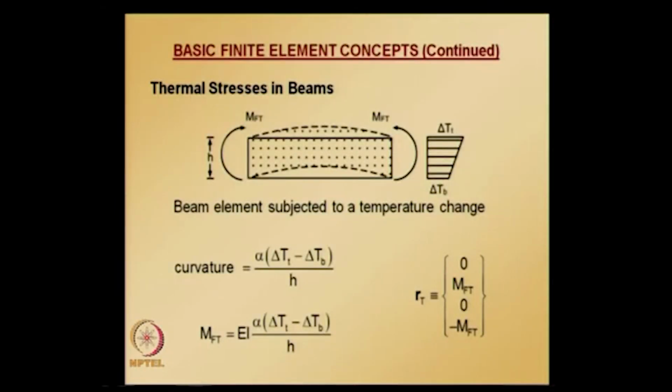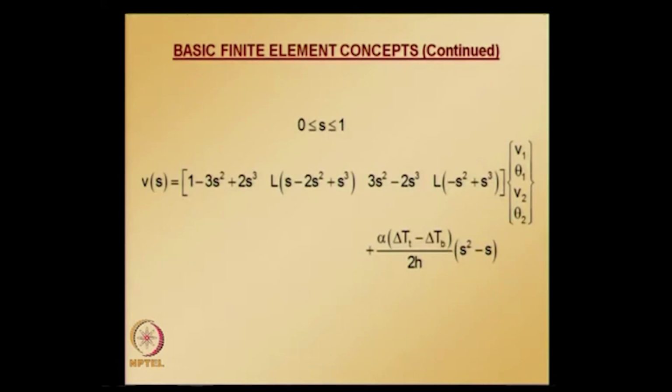Let us see in detail all the steps by taking an example, and once we get the nodal values, we can interpolate displacements using this equation. As I mentioned, the first term is the finite element interpolation using finite element shape functions, and the second term is the correction term, which is obtained by integrating the curvature that is experienced by the beam element twice. When this beam element is restrained at the ends, this is the fixed end solution.